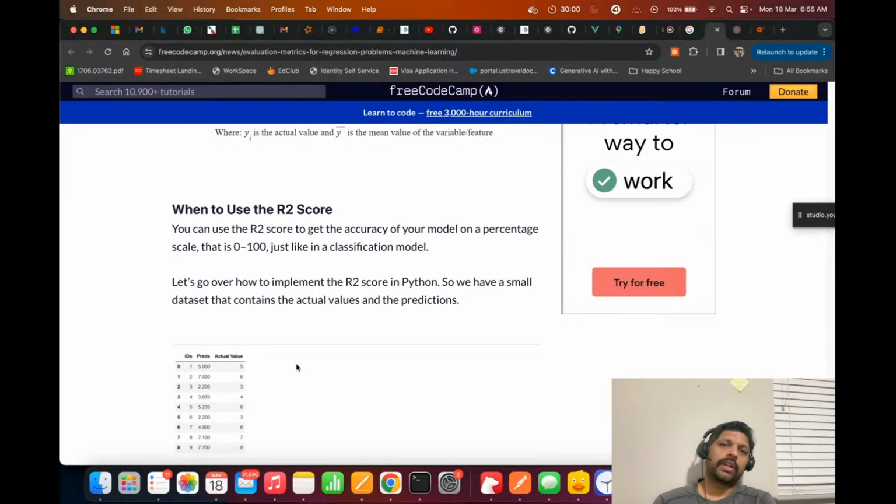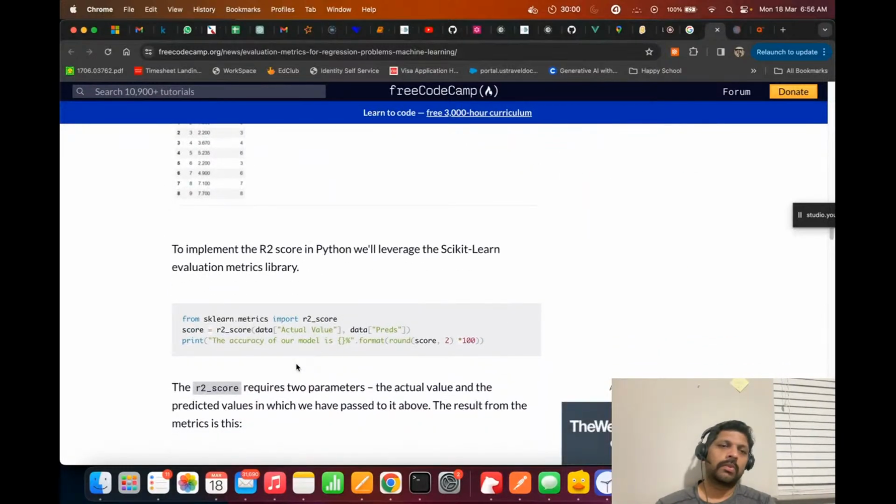How to score to get accuracy of your model on a scale, just like in a classification model. Implement it to score.